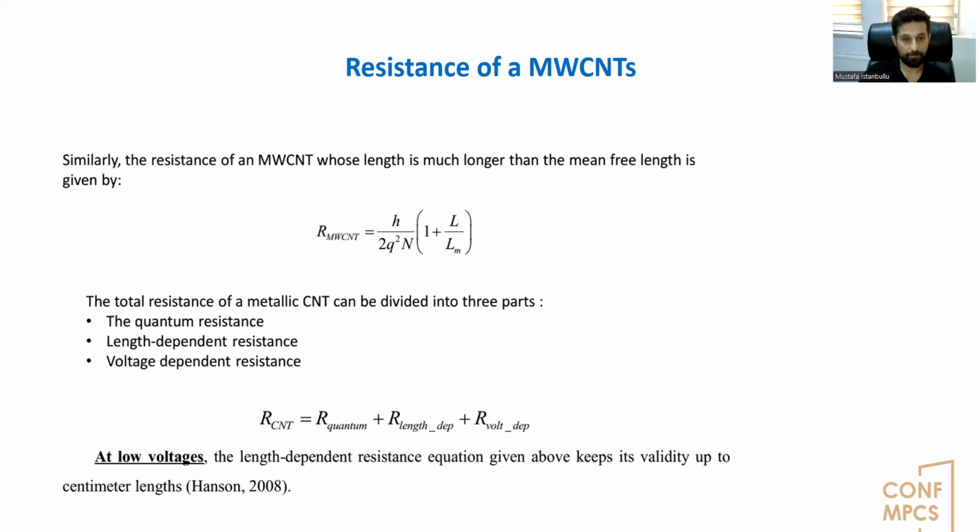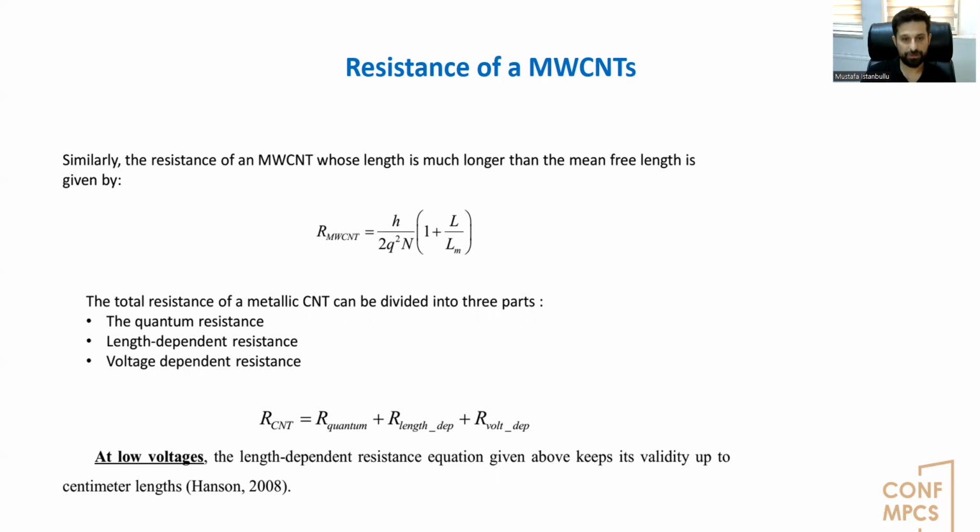Similarly, the resistance of a multiwall carbon nanotube whose length is much longer than the mean free path is given by h over 2q² N times 1 plus L over L_m.